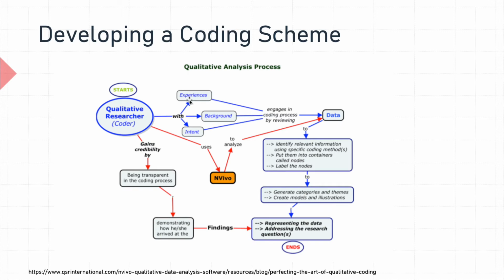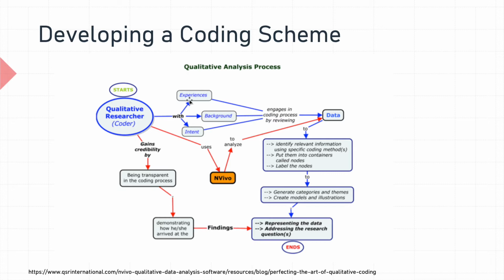One of the things that you really need to do when you're doing qualitative data is develop a coding scheme. I always highly recommend that when you're doing qualitative data analysis, you use one of the tools that you can get online, such as NVivo, that will help you through this process.